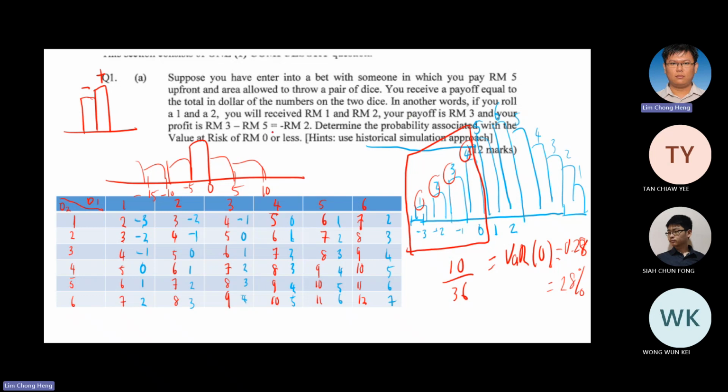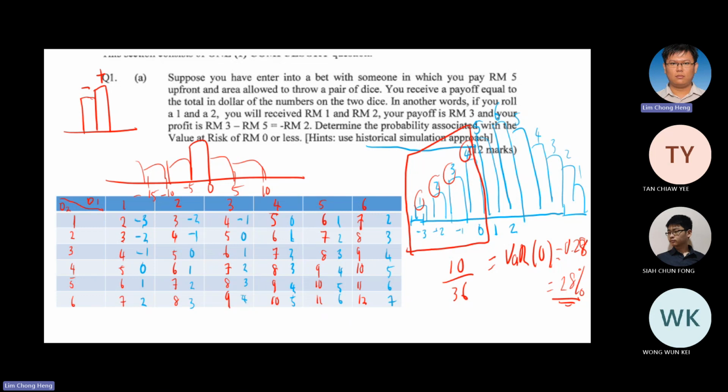For this game, you got 28% chance is lost. You got 72% chance is win. And for like assignment, how many percent you will lose? Because it's less than 0%.